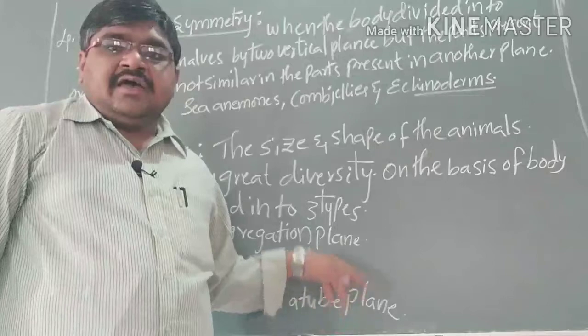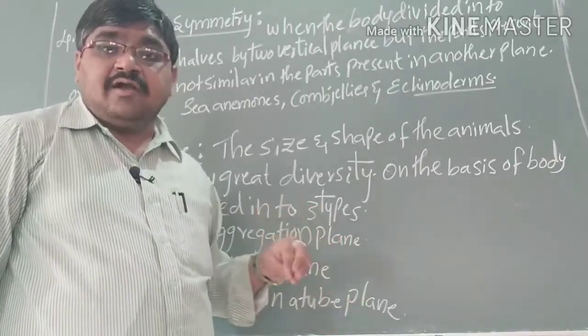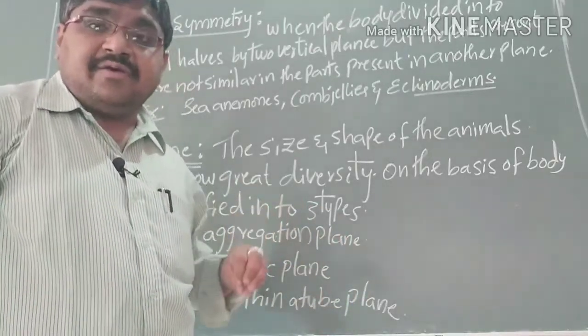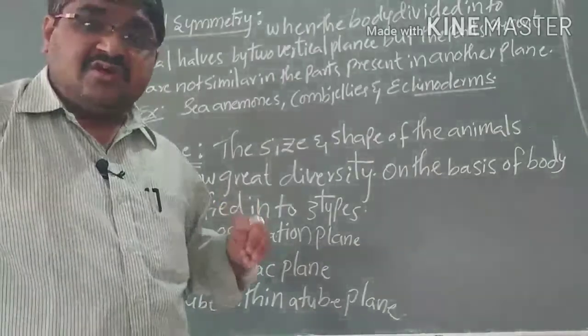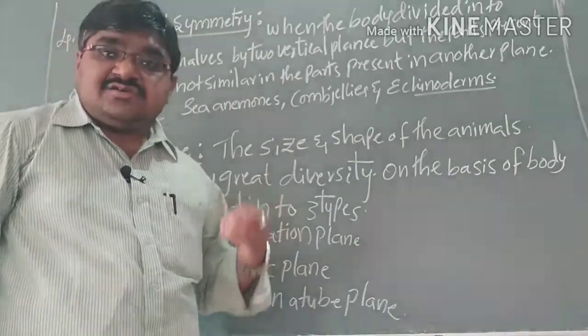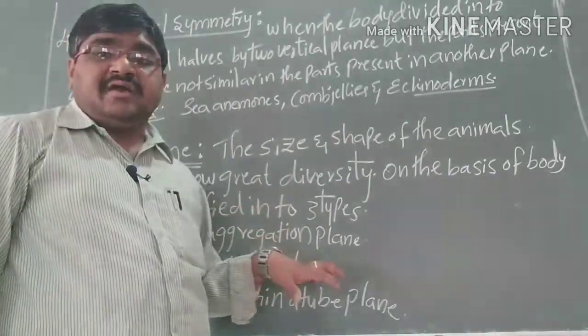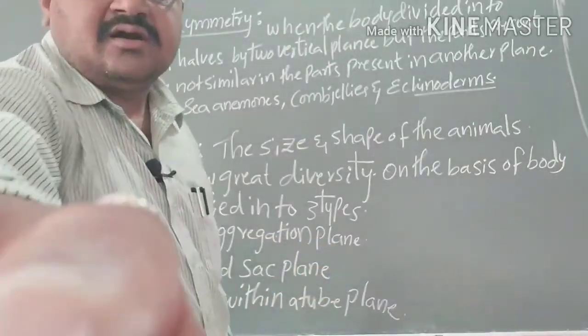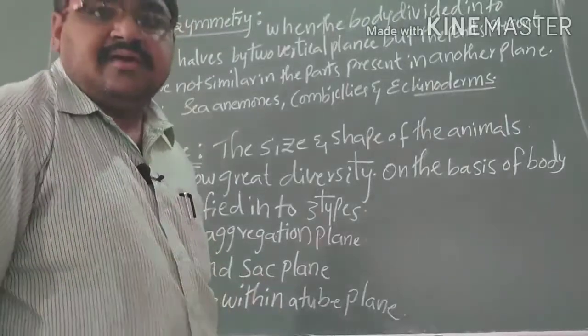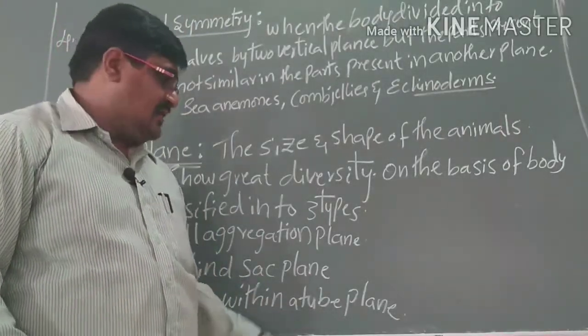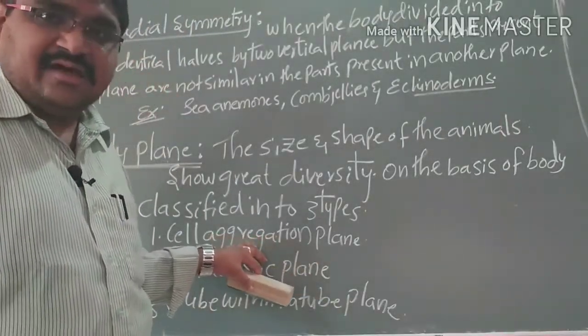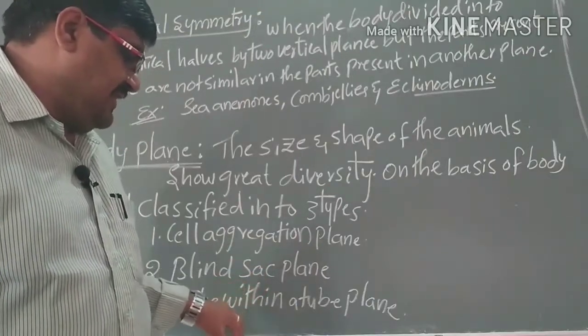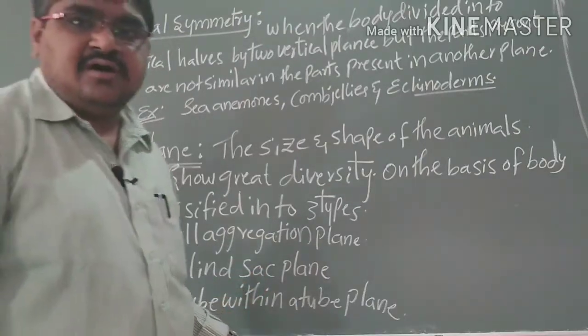These are the three types of body plans, based on the diversity of size and shape. So what are these three types? Now we will discuss them: the cell aggregation plan, the blind sac plan, and the tube within a tube plan.